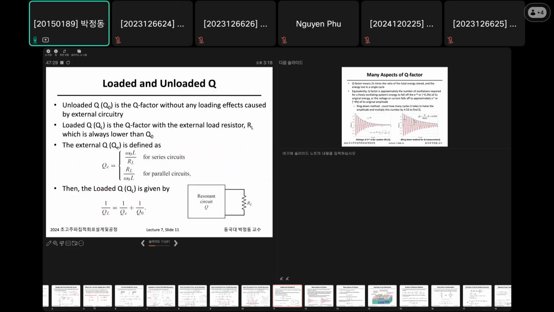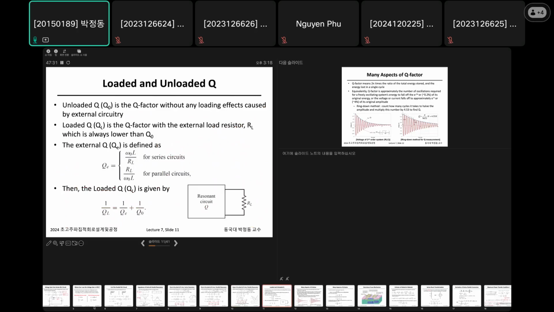Now let's talk about loaded and unloaded quality factor. Unloaded quality factor Q is without any loading effect caused by an external circuit. Loaded Q is a quality factor with the external load resistor RL. Therefore, it is always lower than Q0.